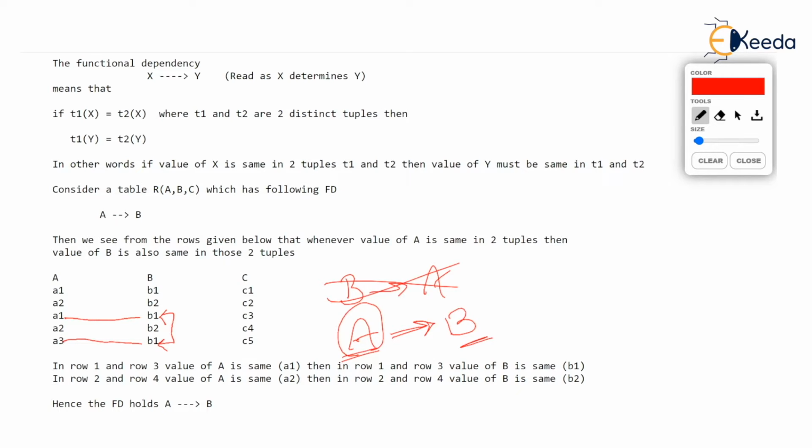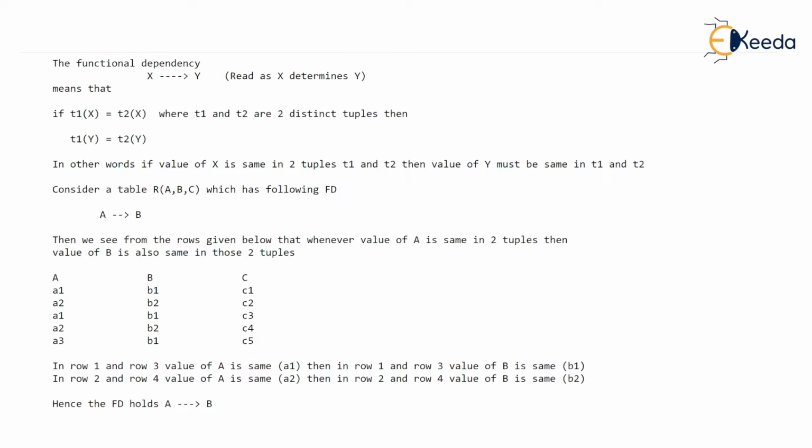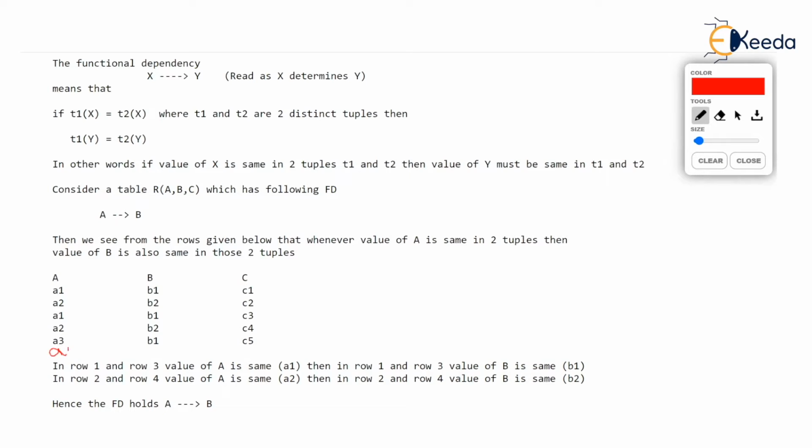For instance, suppose I add one more row in this table. Let's say the row has A1 under A and C is, say, C6. Now tell me what should be the value of B here? You know that A determines B. Then wherever the value of A is equal, you watch, the value of B has to be equal.